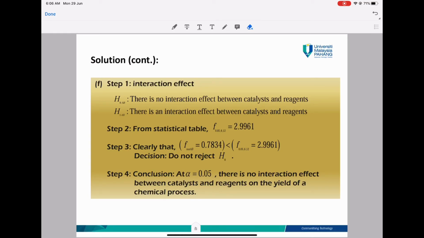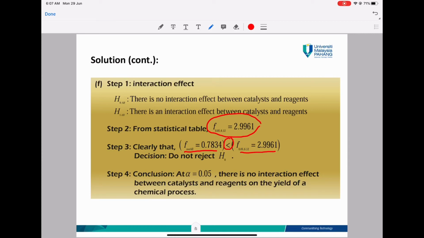So in step 2, your F alpha is 2.9961, and when we compare your F test with your F alpha, you can see clearly that your F test is smaller than F alpha.